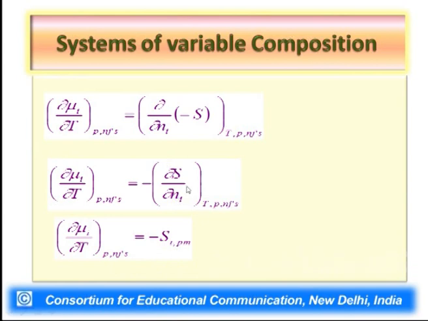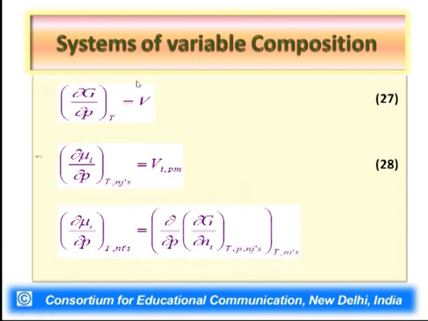It is very easy to figure out that del S, the increase in entropy attended by an infinitesimal increase in the amount of component I, del Ni, under the condition of temperature, pressure, and number of moles of all other chemical constituents except component I, that is Nj's, being kept constant, is nothing but the partial molar entropy with respect to component I, SIPM. So, the minus sign has been there. Ultimately that is how we have derived this relationship.